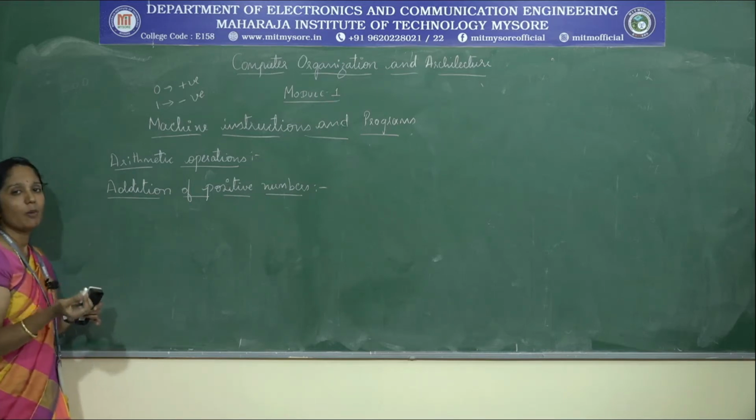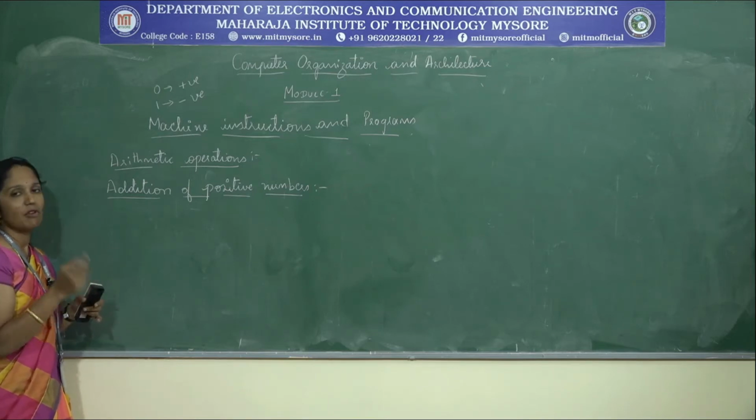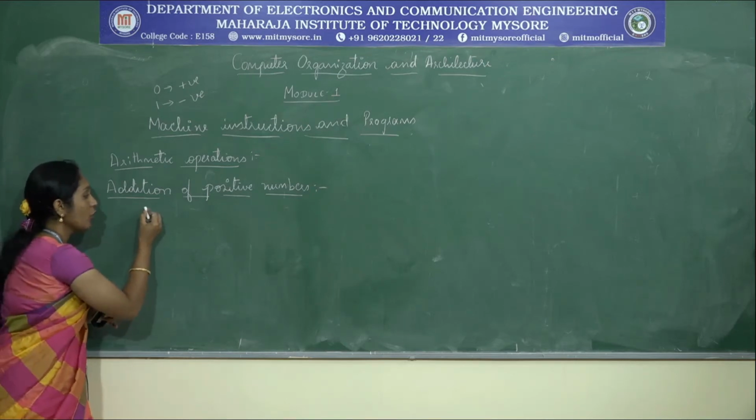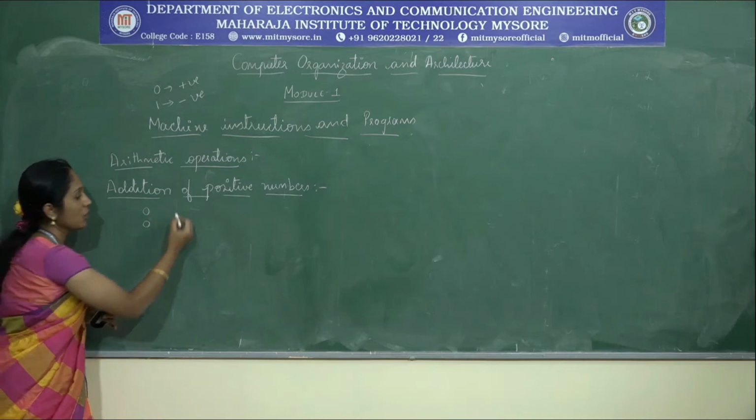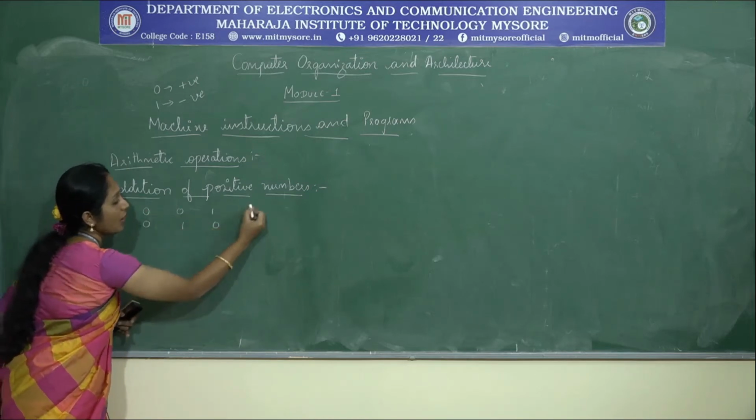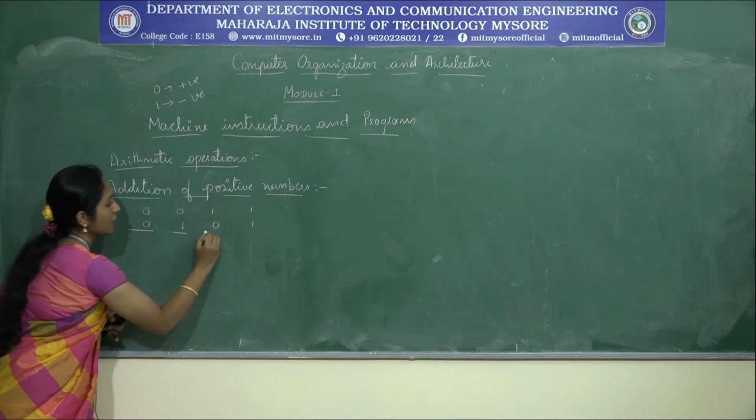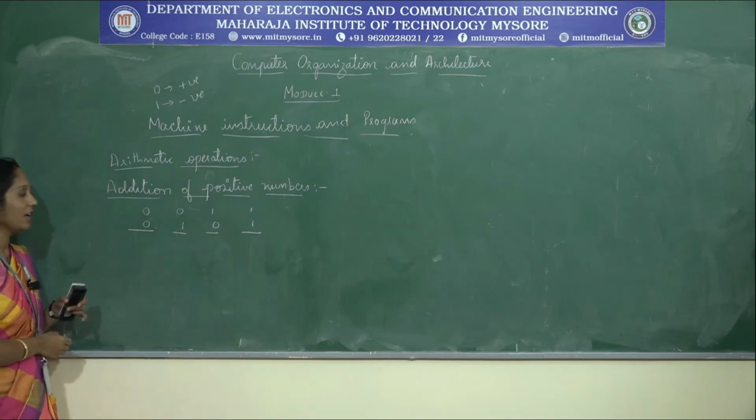What are the possible combinations we can have when we consider 1-bit numbers? Since we have addition, we will be having two operands, so you will have 4 combinations. The combinations are 0 0, 0 1, 1 0 and 1 1. These are the possible combinations we can have.